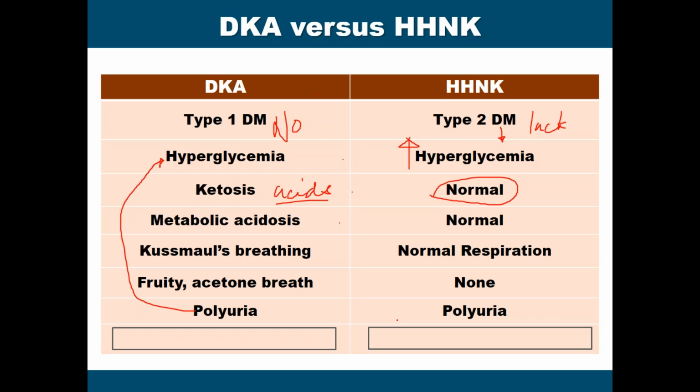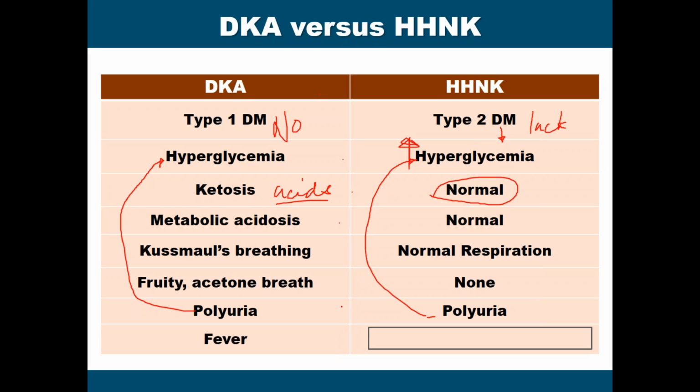HHNK is also characterized by polyuria because there is hyperglycemia in this condition, and whenever there is hyperglycemia, that leads to increased osmotic pressure and increased urination. Although in HHNK, you have to remember that the patient has a very high blood sugar that leads to an even greater increase in osmotic pressure.